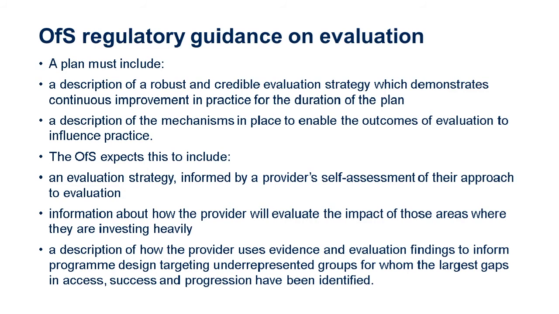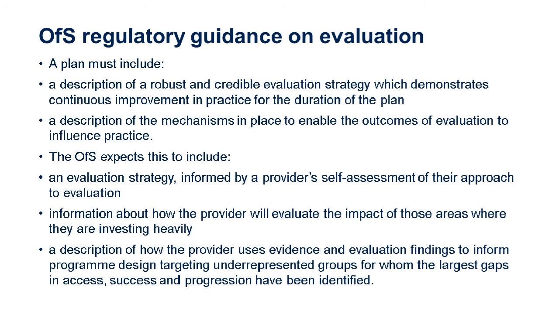So I'll just move on to what we're asking in the Access and Participation Plan guidance in relation to evaluation. You need to demonstrate that you have a robust and credible evaluation strategy, and you need to demonstrate how you will improve your approach over time. You need to show how your evaluations influence your future practice and how your self-assessment has informed your strategy.